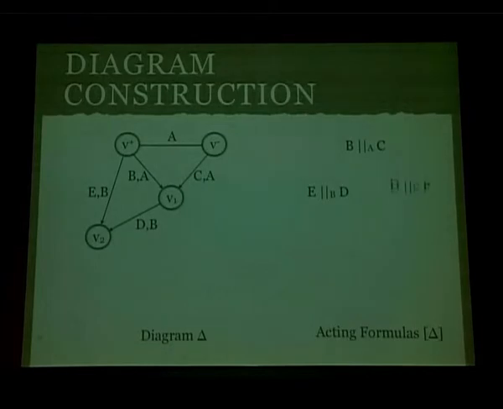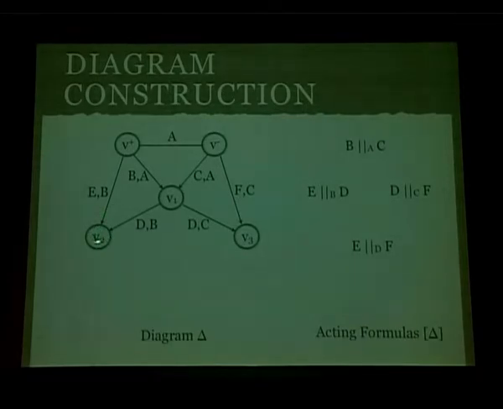Let's suppose we introduce another acting formula, and again, the subscript here is C, so I find something which is C connected and pull down the child. Another acting formula, the subscript is D. I can pull a child from V1 and V2, but I will do something more interesting. When I say connected, it doesn't have to be directly connected, it is enough to have a path from one to another.